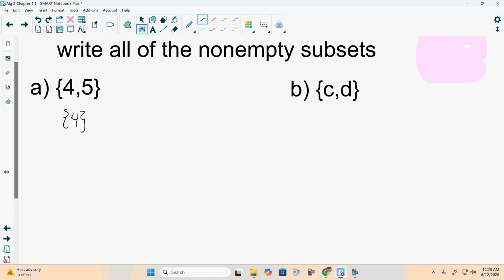We could have another subset, which is the set containing 5. There is one more. The set containing what? 5, 4, or 4, 5. For our case and purpose, 4, 5 and 5, 4 are the same thing. They are the exact same thing.